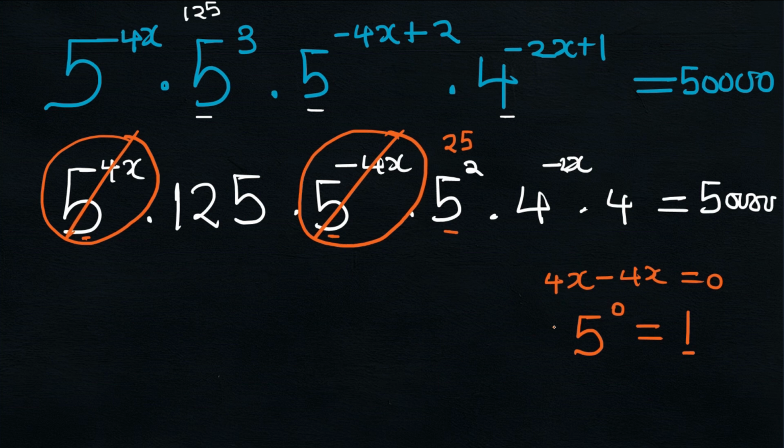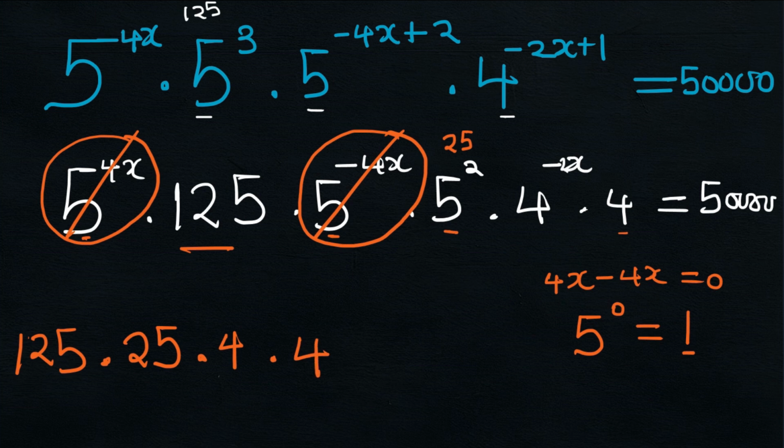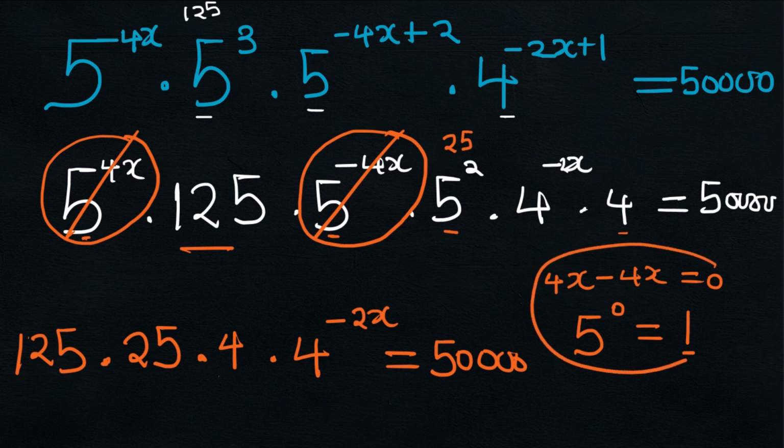So our next step is going to be 125, this one, multiplied by 25, this one, and then let us just consider this one first because it is a like term with this one, multiplied by 4, multiplied by 4 to the power of negative 2x is equal to 150,000. Let us cancel this for the time being because we happen to find the solution for that.